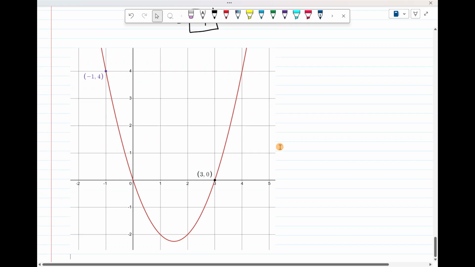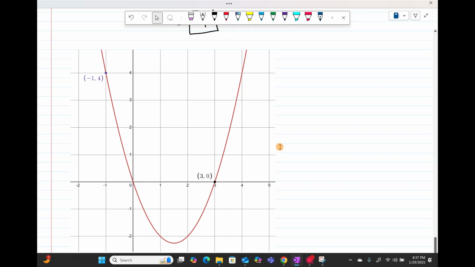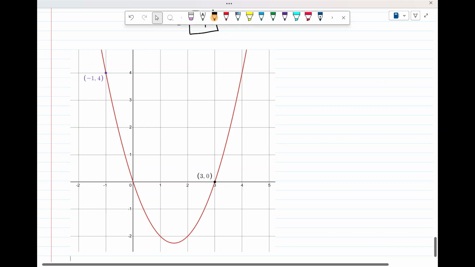Okay, so here's how I think of average rate of change. Here's my 2 points that I'm trying to go between when x is equal to negative 1 and when x is equal to 3. And on average, I'm trying to figure out by how much does the y value go up or down every time the x value goes up by 1.